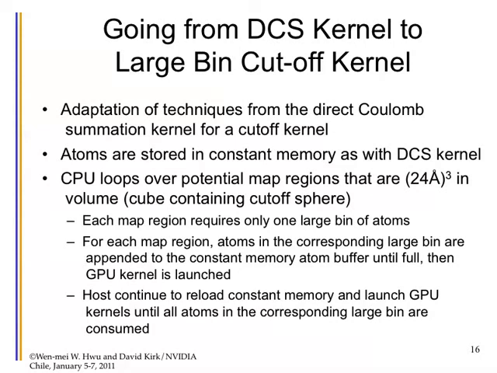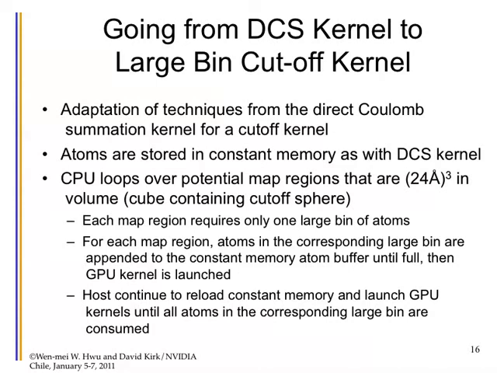So, what's the minimum work I can do in order to make my computation scalable, data scalable? So I'm going to talk about the large bin approach that allows you to quickly convert your direct summation style kernel into a bin kernel. It's not the best performing kernel, but it can actually give you substantial improvement over the total direct approach.